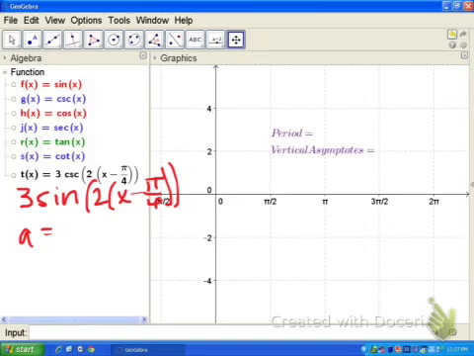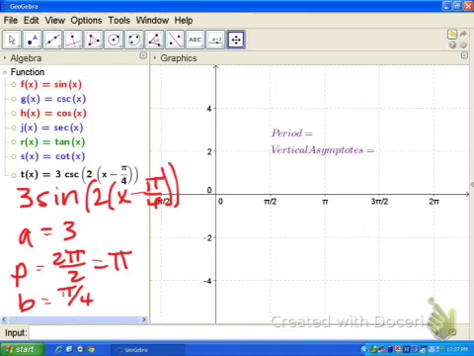So let's find all of these values. Amplitude, we would say here is 3, and the period is going to be 2 pi over 2, which is going to reduce to pi. And what we also have here is a phase shift of pi over 4, and that will be moving to the right pi over 4 units because it's a minus.